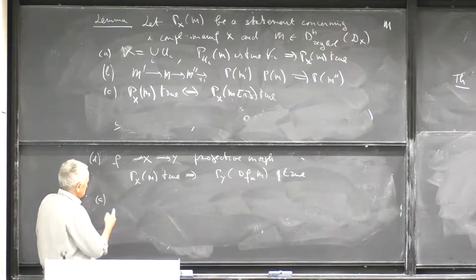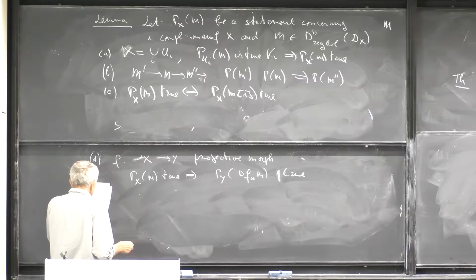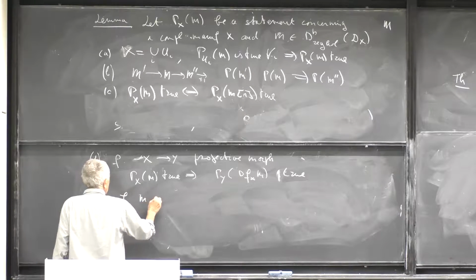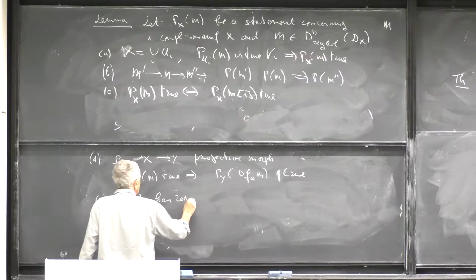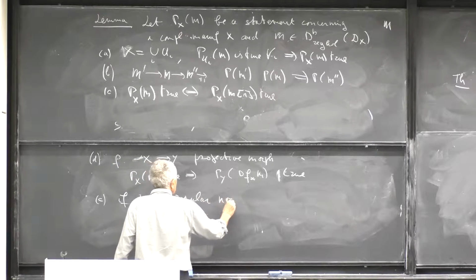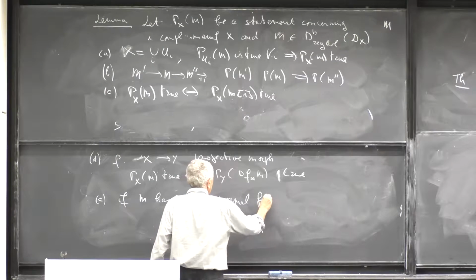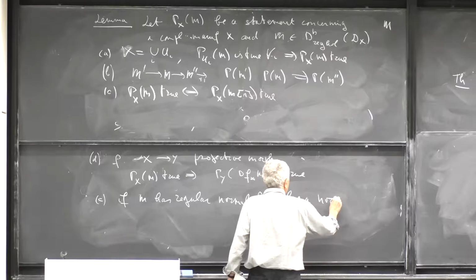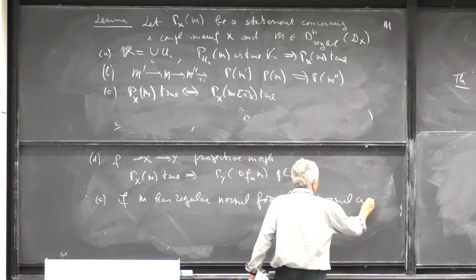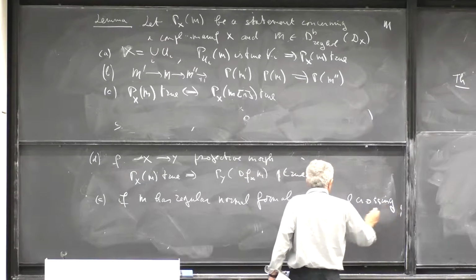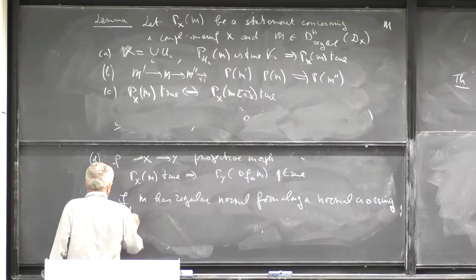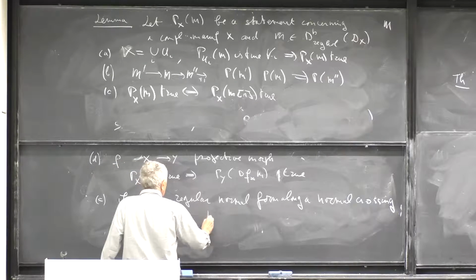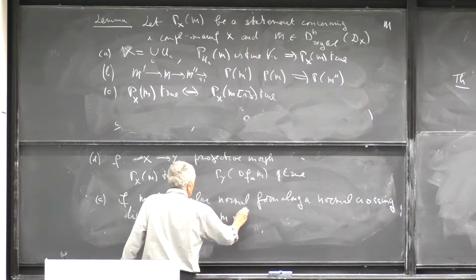Okay, so I will explain later: if M has regular normal form along a normal crossing divisor, so I will explain, then Pxm is true.